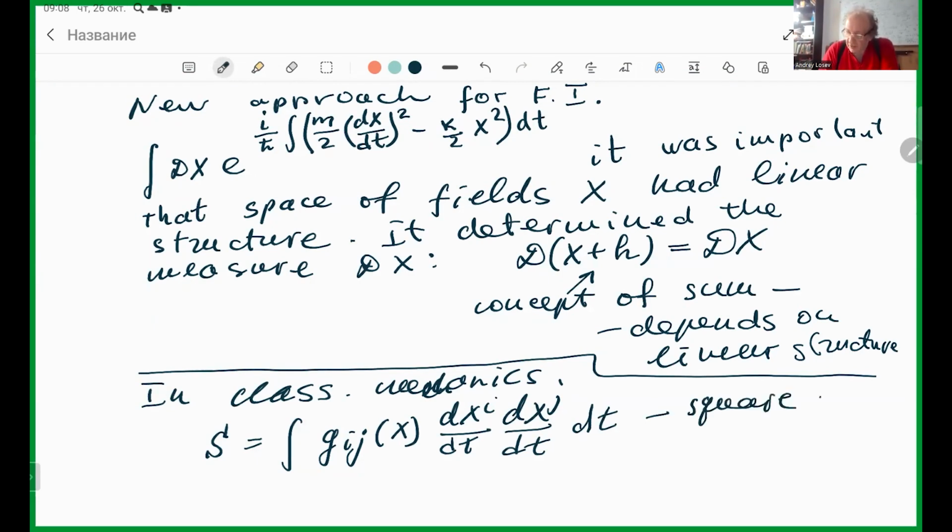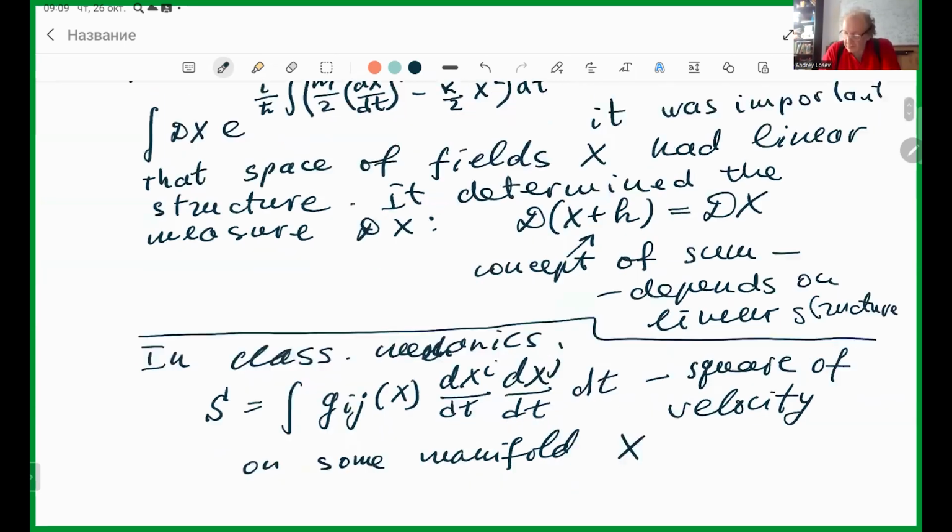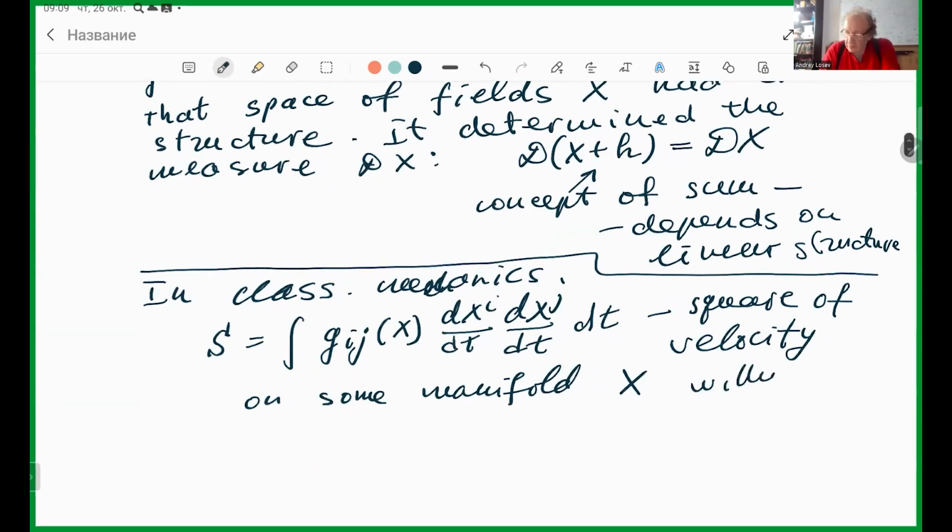It's the square of velocity, on some manifold X, without any linear structure.